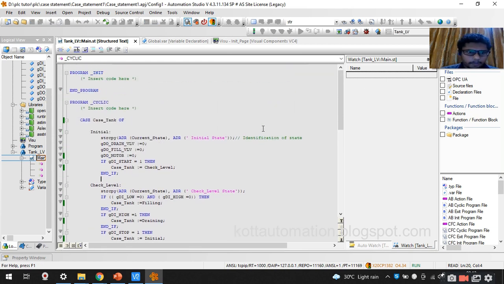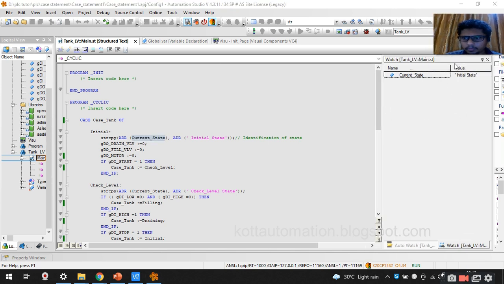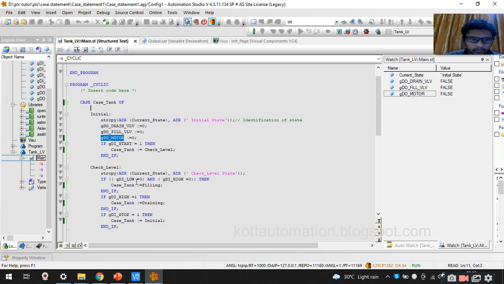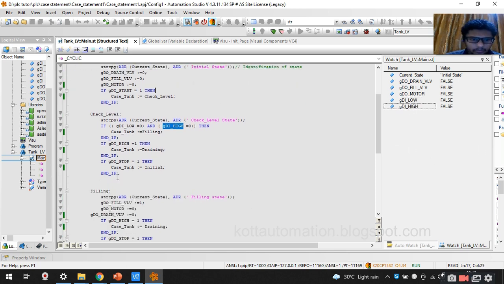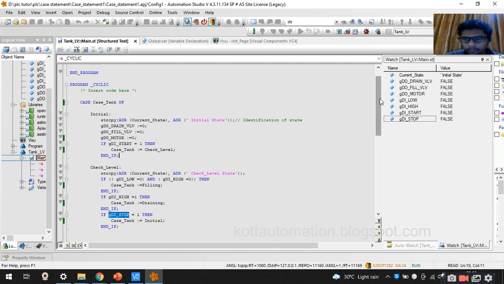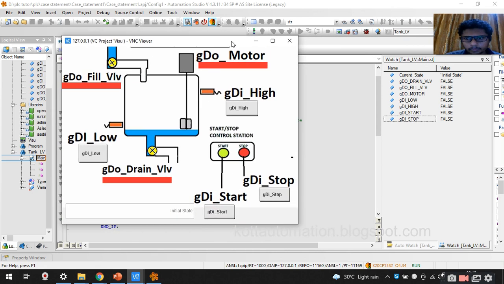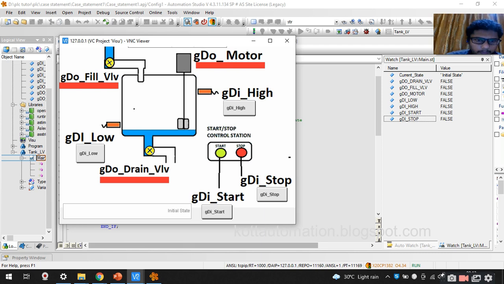Let us test our logic now. Currently, my water level is below the low level sensor.